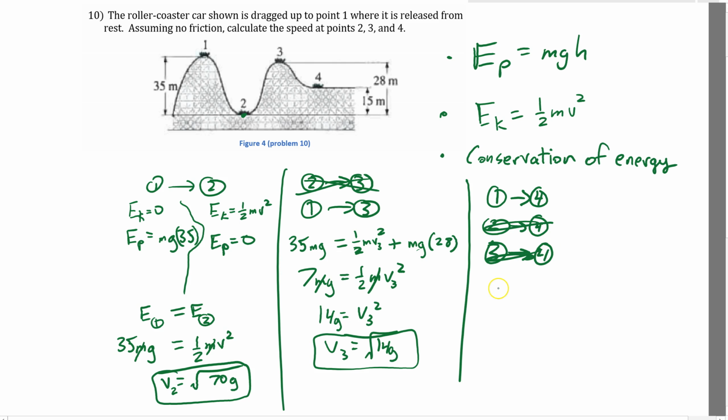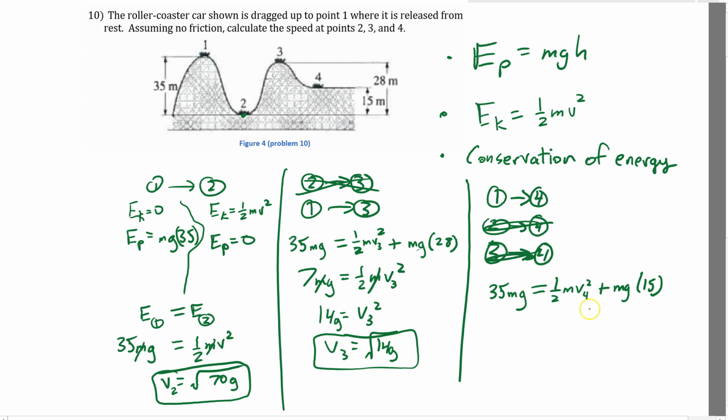So at point 1, I know the energy is 35 times mg, because it's just potential energy. And I know that's going to equal the total energy at point 4, which it will have some kinetic energy at point 4, but it will also have potential energy, mg times 15, because the height above the reference line for point 4 is 15.